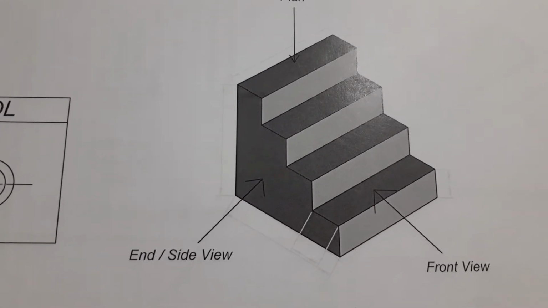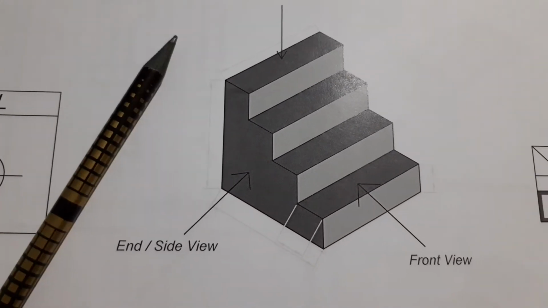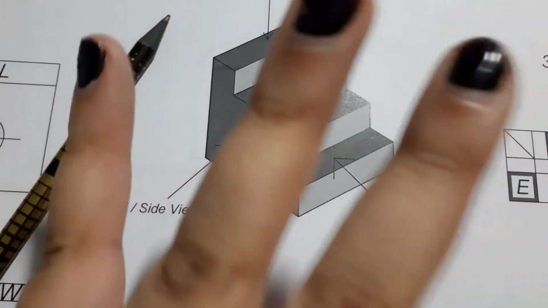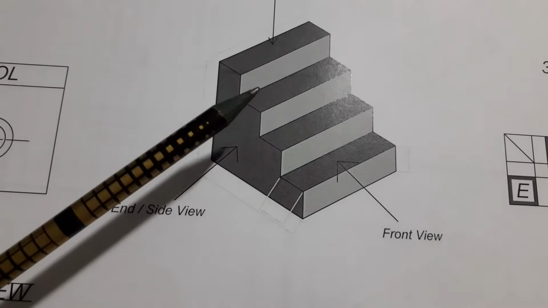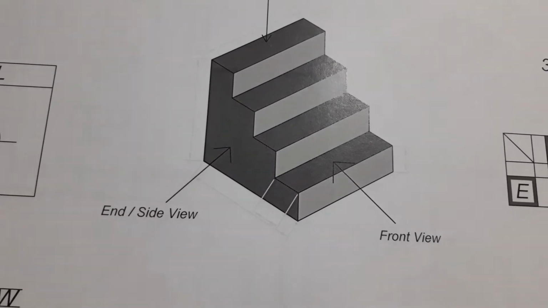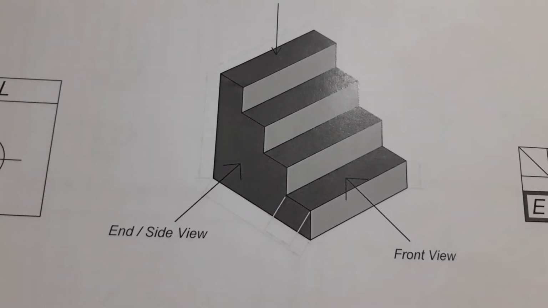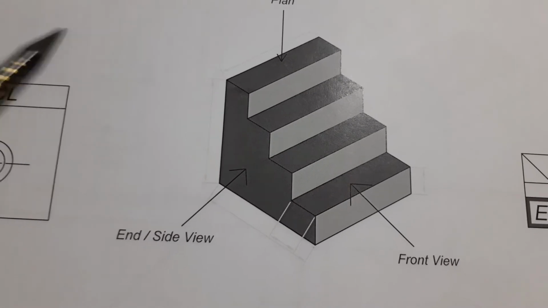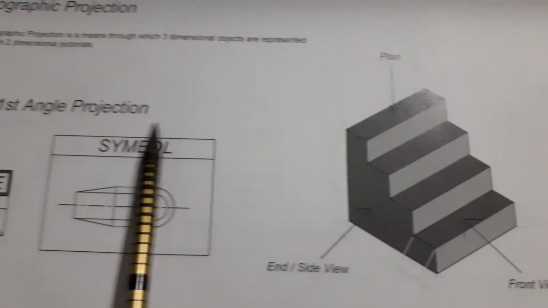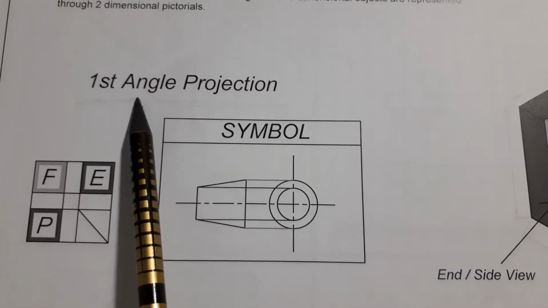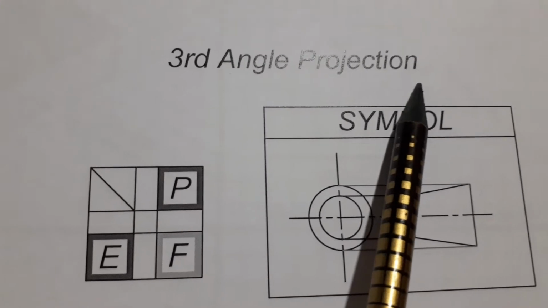Now, with orthographic projection, we have three 2D views. What do I mean? Now, orthographic projection, we have two types. We have what we call first angle projection, and we have what we call third angle projection.